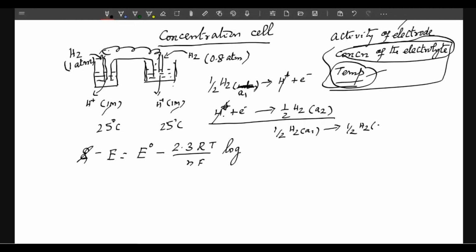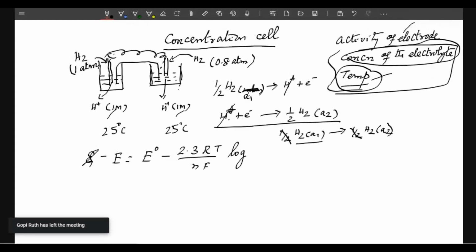Or you can cancel the half to activity A1 and activity A2. Here we have the anode activity, the reference side, as A1 and the cathode as A2. And if you substitute, this is the product side, A2 by A1.